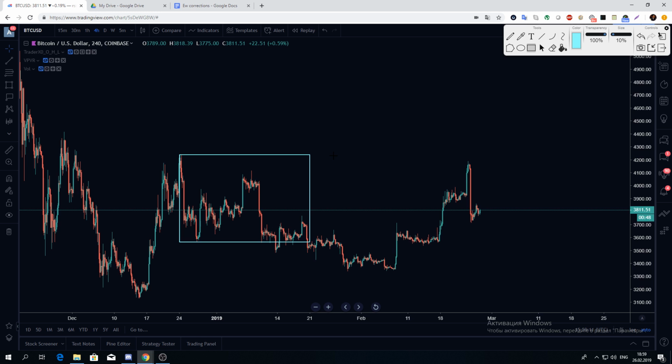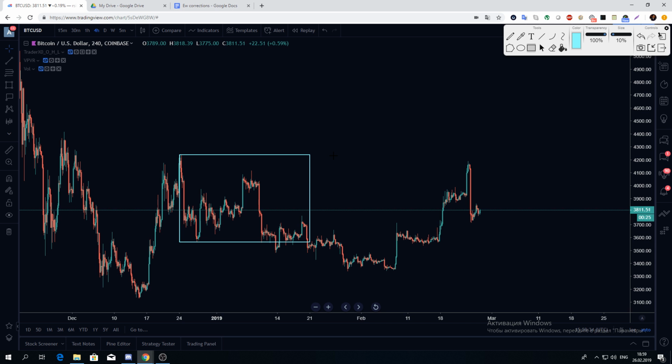These ranges tend to last 3 times the amount of time that the previous trend took to develop. Your sole goal within those structures is to try to get as close to the top for sells and as close to the bottom for buys.